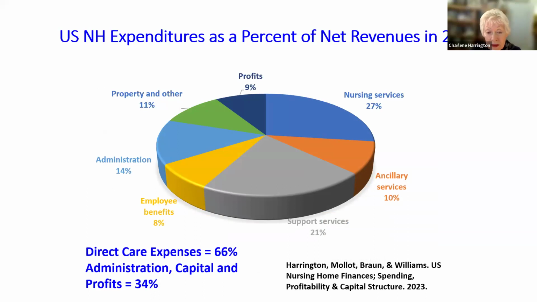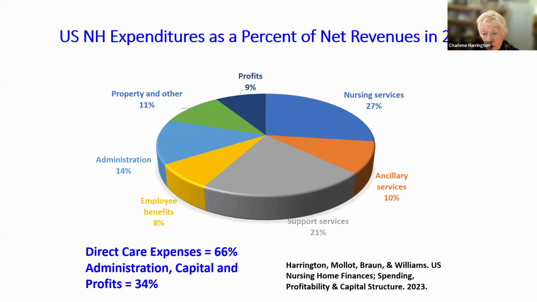So if we exclude their depreciation and their disallowances, only 27% of every dollar they receive goes for nursing services, which I think is shockingly low. 10% goes to ancillary services, 21% goes to support services, and employee benefits are 8%. 14% goes for administration, 11% for property and other costs, and as I said, about 9% for profits.